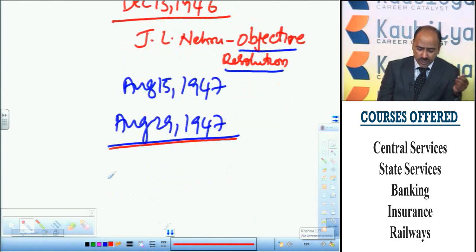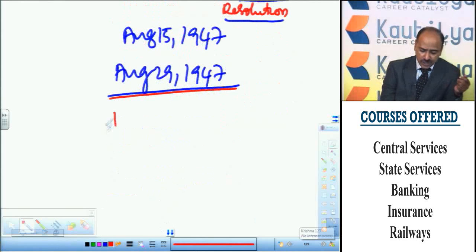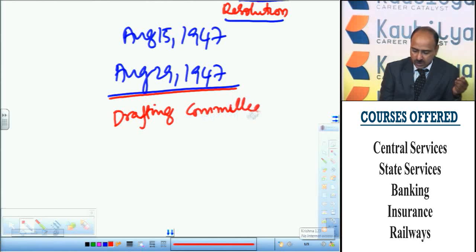The most important committee of all is the Drafting Committee. This committee's chairman was Dr.